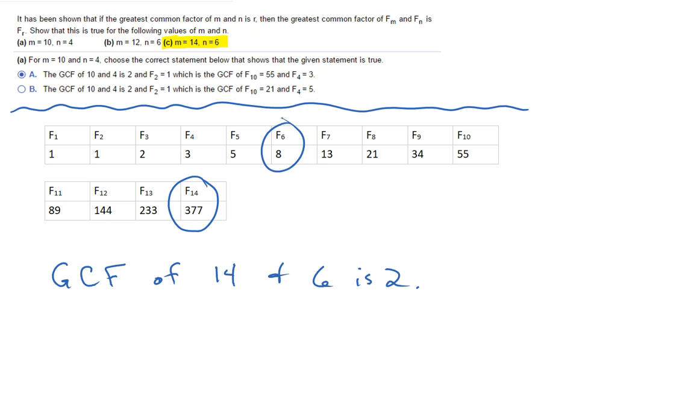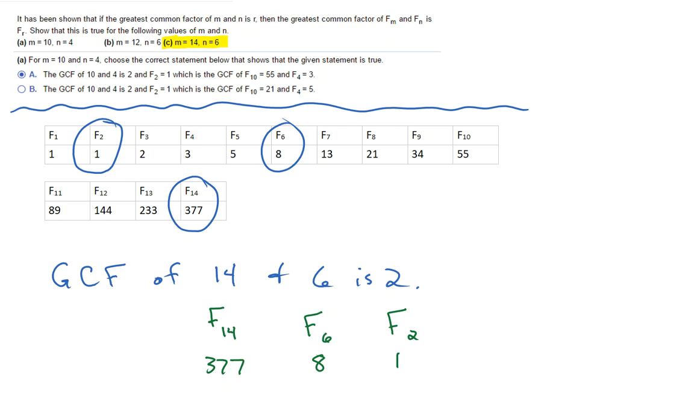What we need to look at here is the Fibonacci number of 14 and the Fibonacci number of 6 and verify that those are correct in the rest of the statement. So the GCF of 377 and 8 would equal a 1. Let me write that out like I have been before. So F sub 14 is 377, F sub 6 is 8, and F sub 2 is 1.